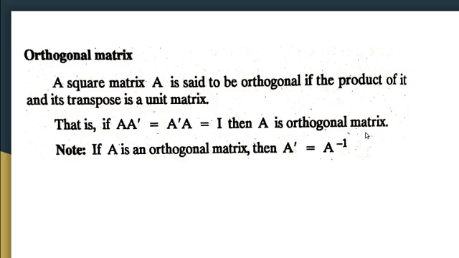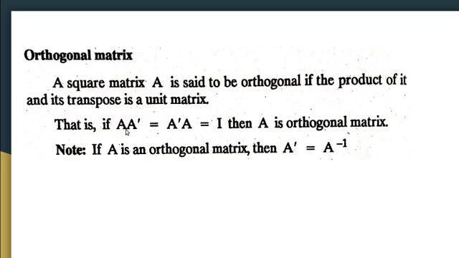That means if a square matrix is said to be orthogonal, then the product of it with its transpose should be the unit matrix. That means A into A transpose, or A T, or A prime.